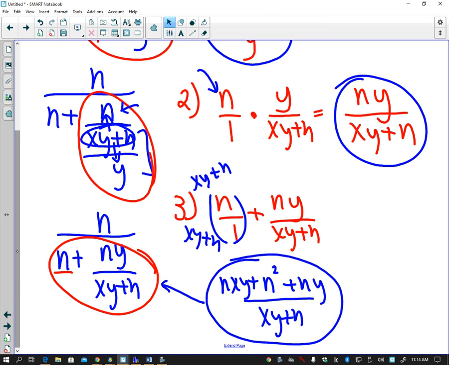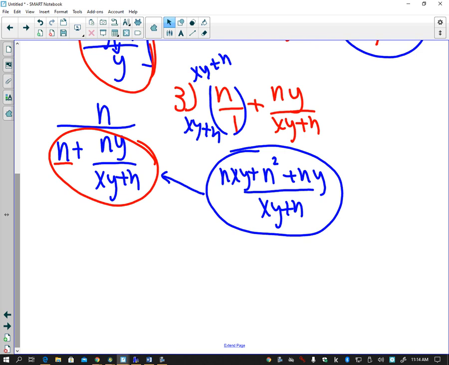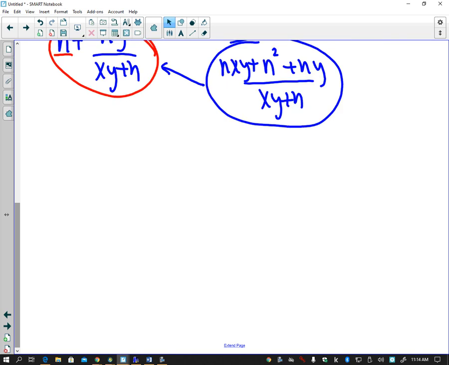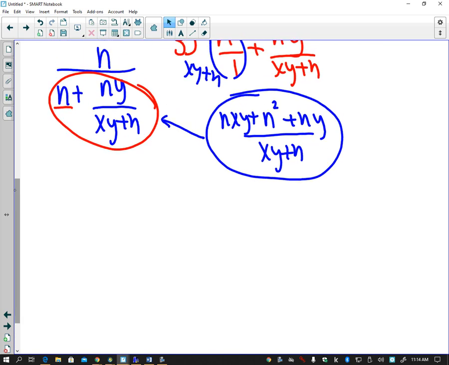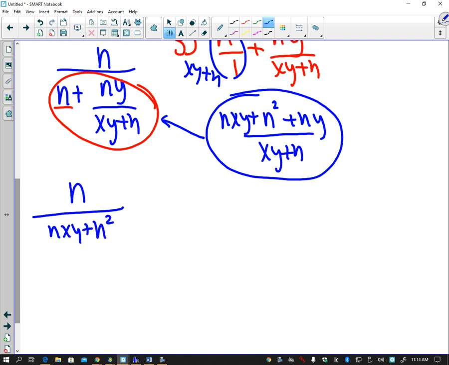So we plug that in, and now we rewrite it again. Let me scroll a little bit. Now we have n divided by that fraction, nxy plus n squared plus ny divided by xy plus n.